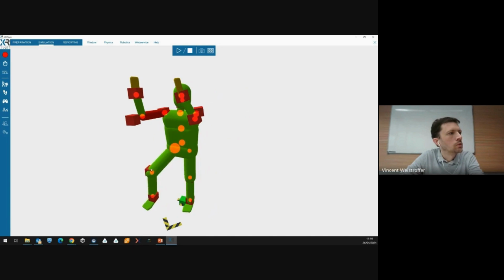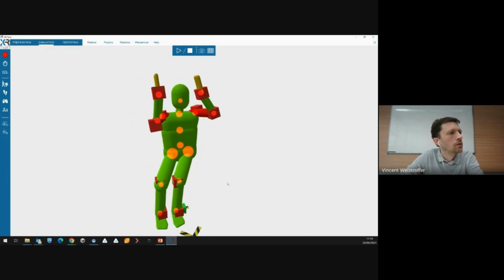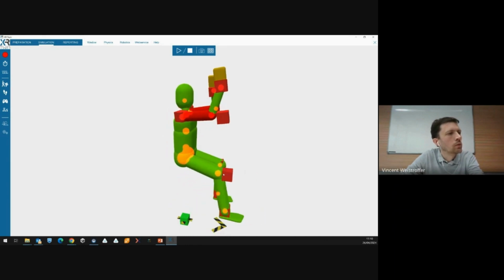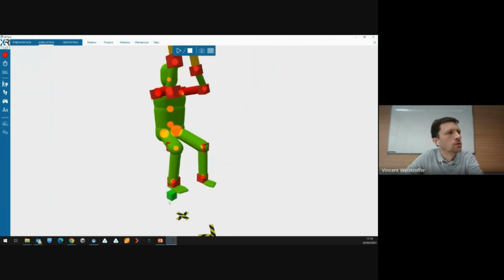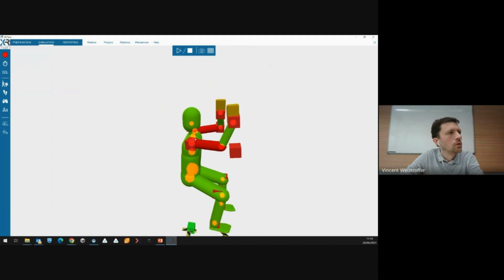I can move them in space, and of course here I'm moving them by hand with the mouse, but you have to understand that all this is real time, and the red cubes could be provided by motion capture software, and moved by motion capture sensors, for example. I can move the whole avatar in space if I want, but we really have a physics way of controlling them.